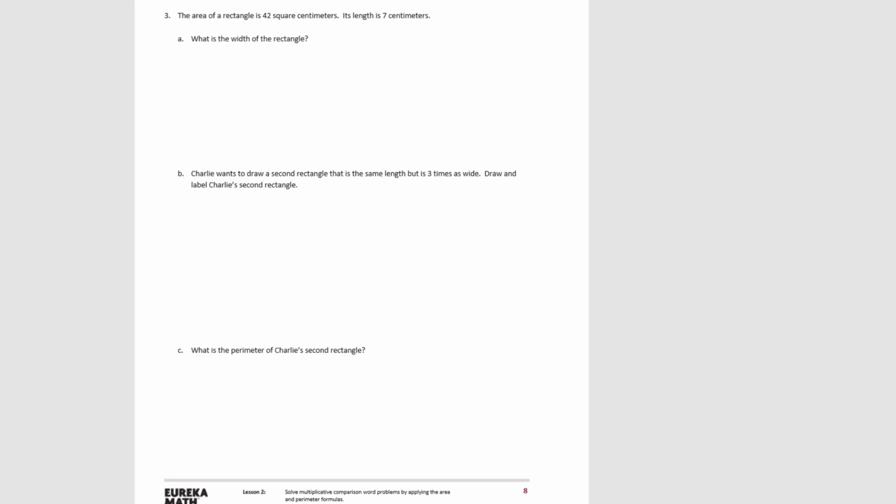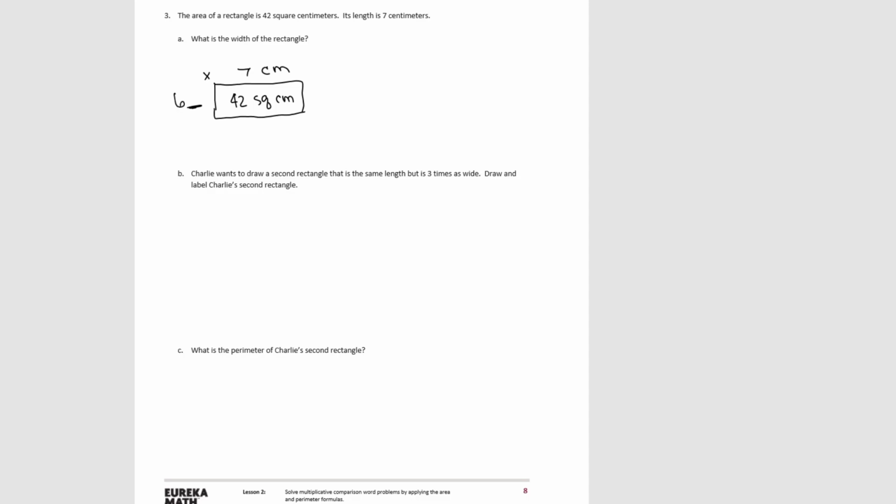Okay, here we have another rectangular shape, which the area is 32 square centimeters. The length is 7 centimeters. So what's the width? So we ask ourselves, what times 7 would be equal to 42?